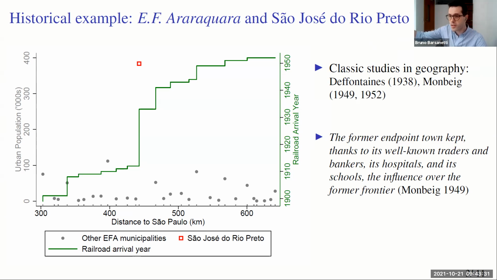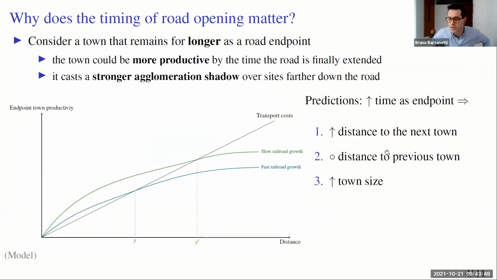But even after the railroad was expanded, and that place was no longer an endpoint, there were reasons for us to expect that the endpoint town would persistently be larger. And so this is a historical example, and so let's try to understand a little bit of why this could happen and what's the logic for why this occurs.